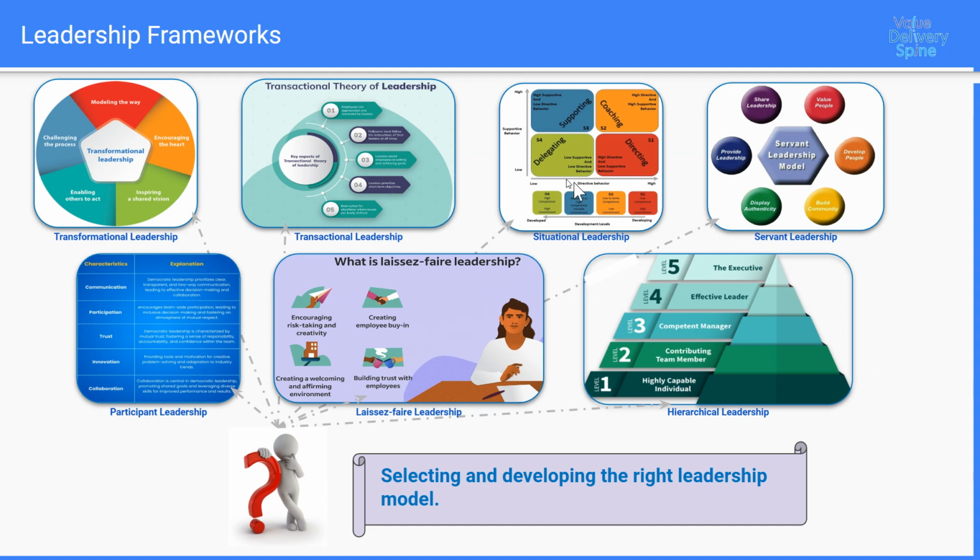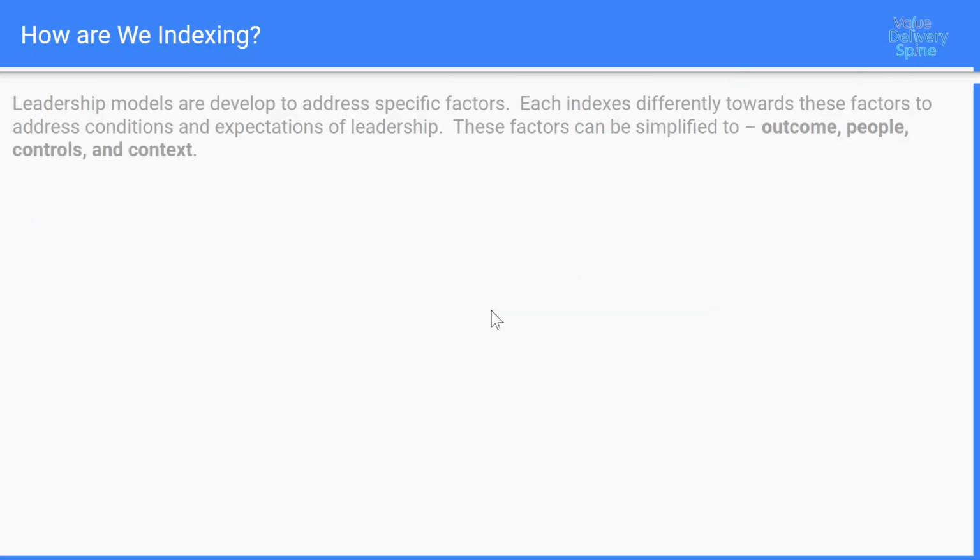There are a ton of leadership models out there. I have picked the 9 most popular, and we're going to look at those first. Those models have 4 vectors of index, and let's talk about those. Those are outcome orientation, people orientation, controls orientation, and context orientation.